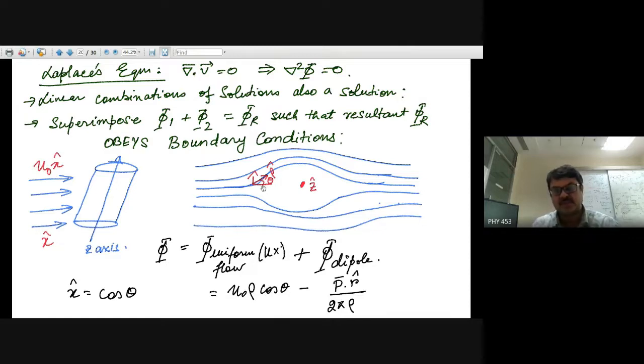This is rho and this is cos theta, and that's at infinity. You can just calculate the theta, and the phi of the dipole is p dot r over 2 pi rho.